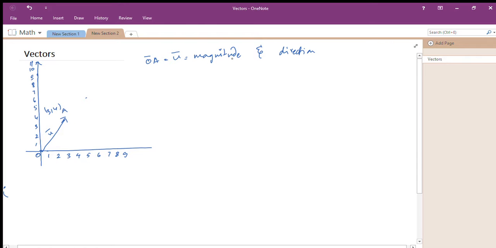So let's quickly see how do you quantify this and calculate this. Here, if you drop a perpendicular here, it's just your x1, that is 3, and your y1, that is 4. These become the sides of the right angle triangle, and by Pythagoras theorem we know that it is x1 squared plus y1 squared.